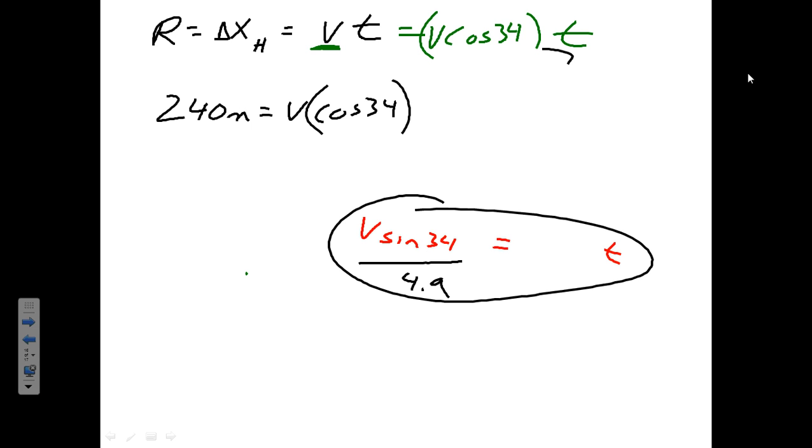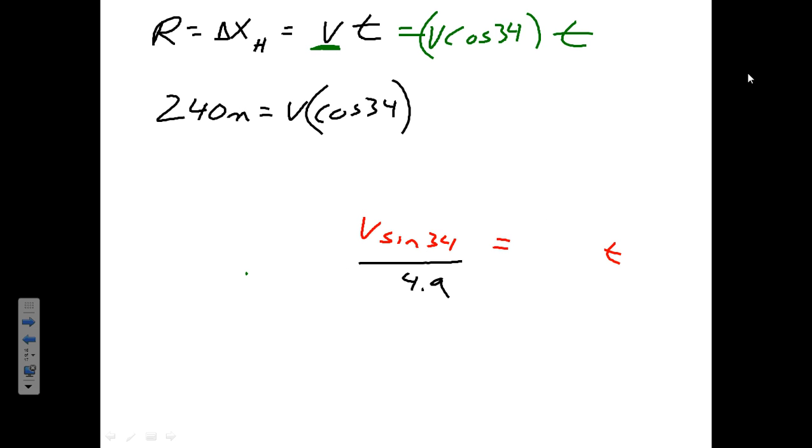But I'm going to put this in for this t right here. So v cosine 34 times v sine 34 all over 4.9. I've got to do a little algebra here, but it's doable.